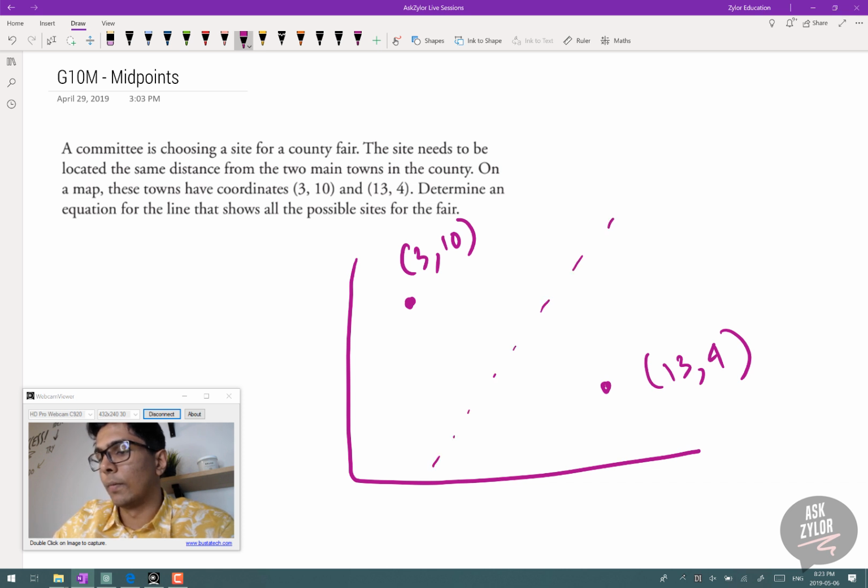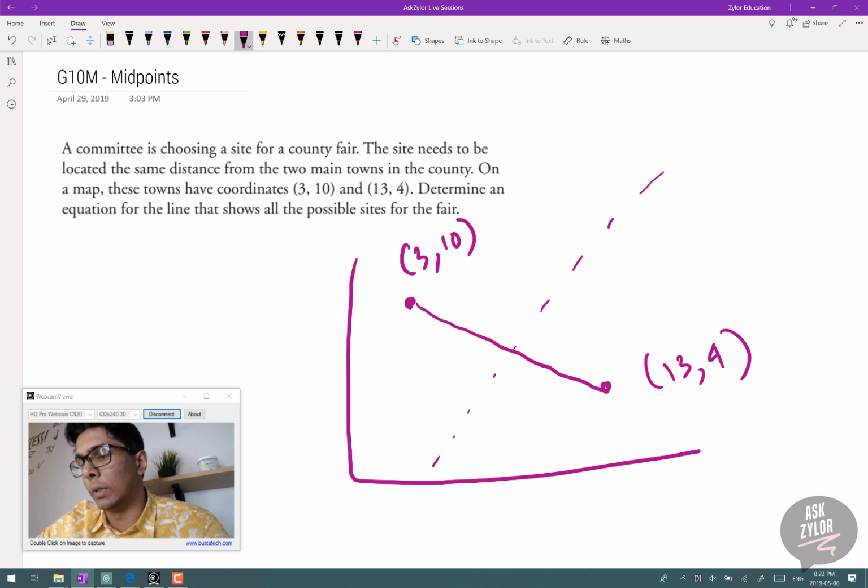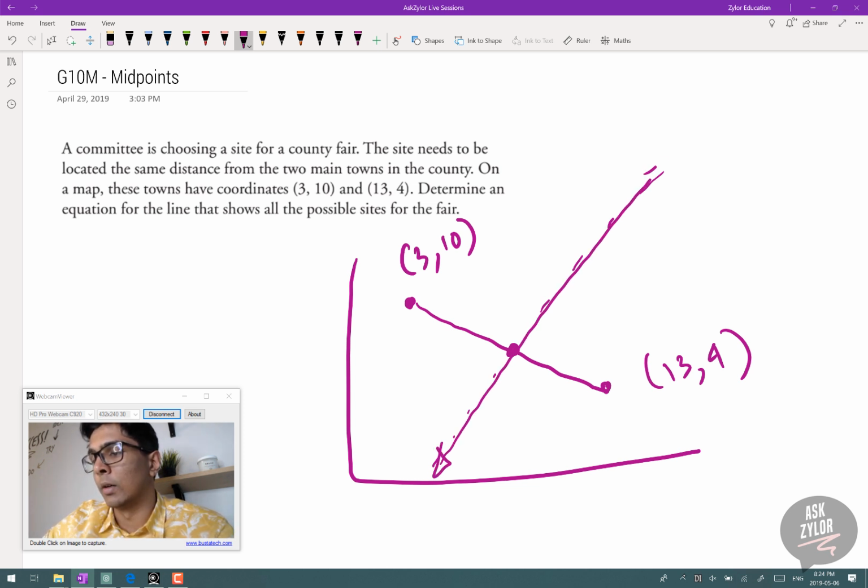So if we draw a straight line between these 2 points, right, where the midpoint in that line segment would be equal distance from each of the 2 towns, right? But if we were to draw a perpendicular line along that midpoint, at any point in that line, the distance between the 2 towns would be the same.